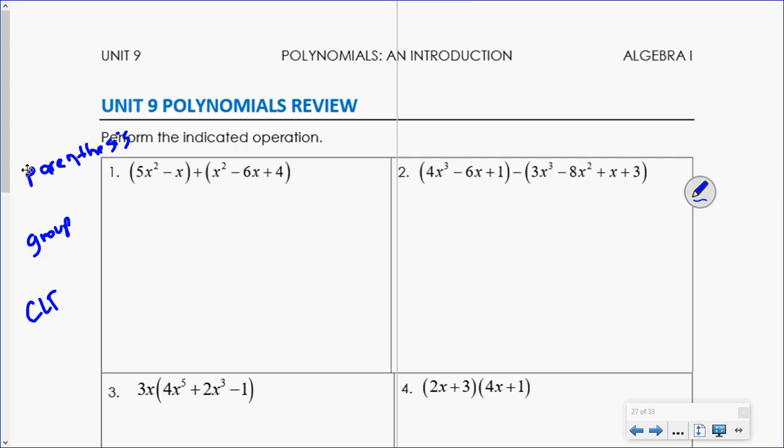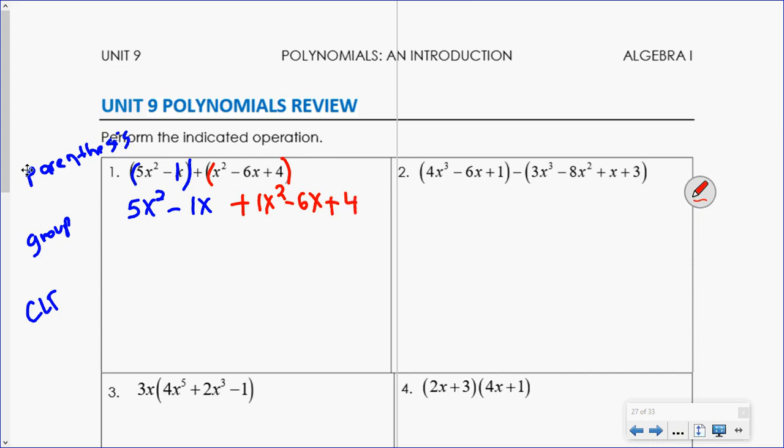So first, looking at the parentheses, when there is no negative out front, the parentheses just fall away. So I have 5x squared minus, I'm going to put a 1 in front, 1x. And then on the right, there's a plus sign, so the parentheses fall away. I have plus 1x squared minus 6x's plus 4.